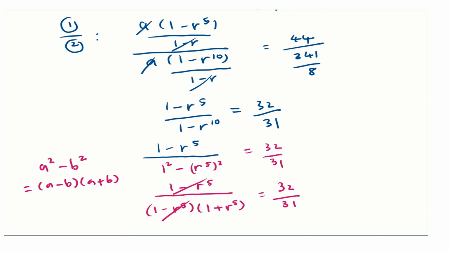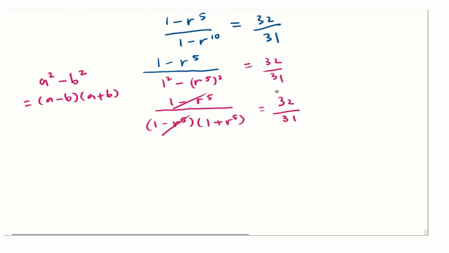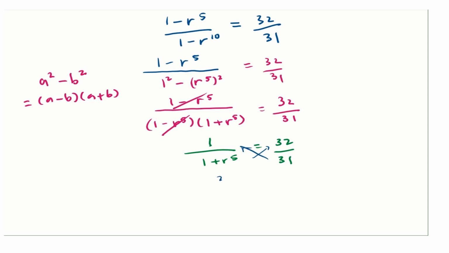Okay, so the top cancels with this, it is actually 1. So we have 1 over 1 plus R power 5 equals 32 over 31. So now we can cross multiply, and we get 31 equals 32 plus 32 R power 5.